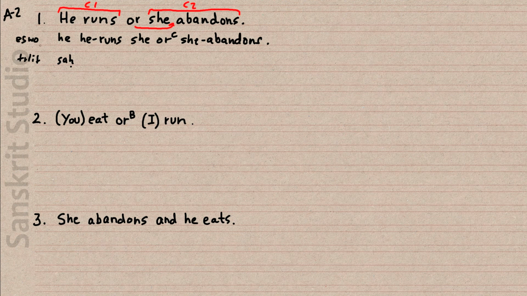And now we do the pronouns for the transliteration. Eswo, and then we have running, dhahavati, and then sa, she, and then or, va, and then we have she abandons, so we have tyajati.